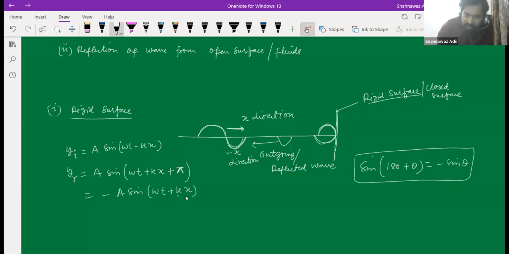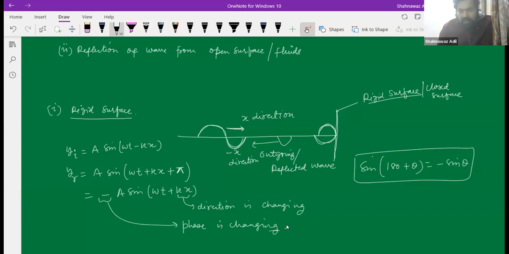This is showing that the direction is changing, and this is showing that the phase is changing. So this was the incident wave, and this is the reflected.